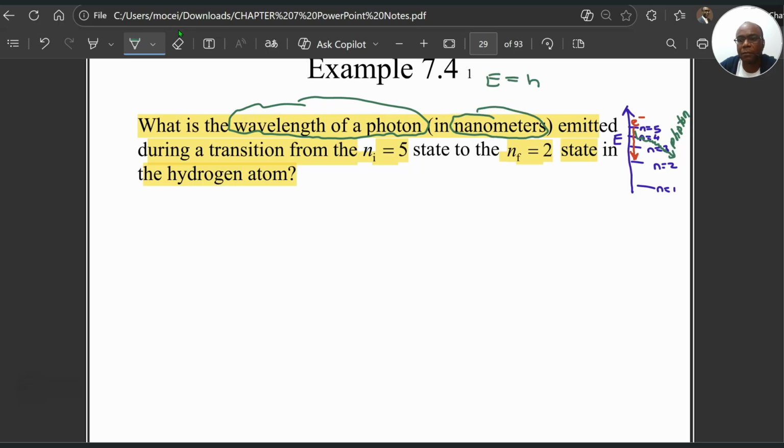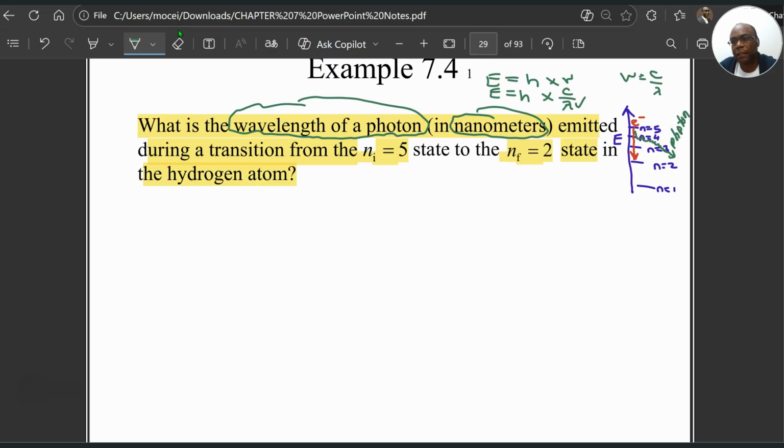Remember that energy is Planck's constant times frequency, but frequency is speed of light over wavelength. So the same energy is Planck's constant times speed of light over wavelength. So energy is related to wavelength.